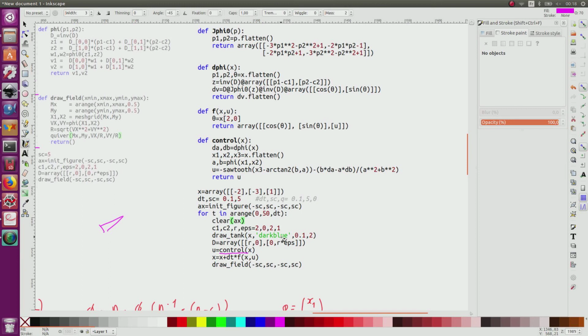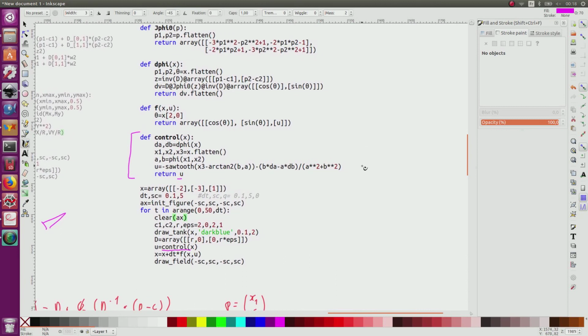So what about the controller? The controller here generates the output u. So recall that u computed here corresponds to y minus b a dot minus a b dot divided by a square plus b square. It is what I have obtained before.